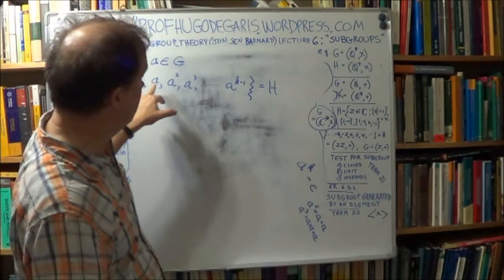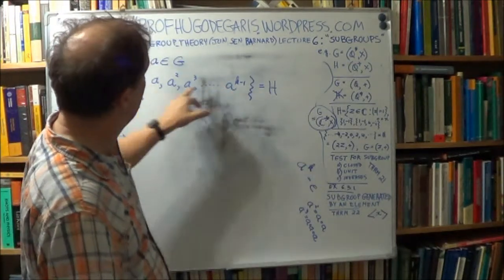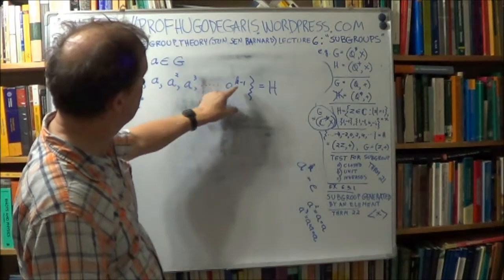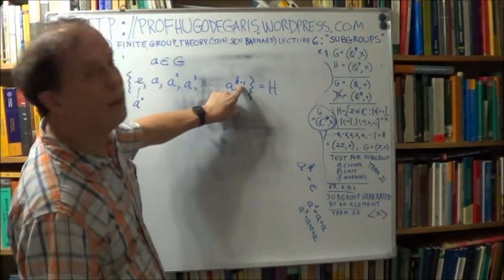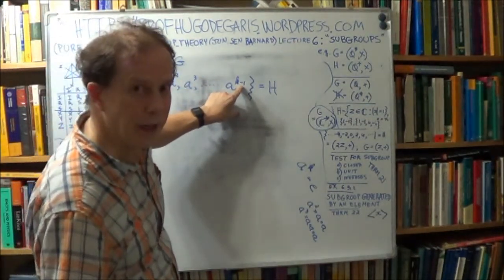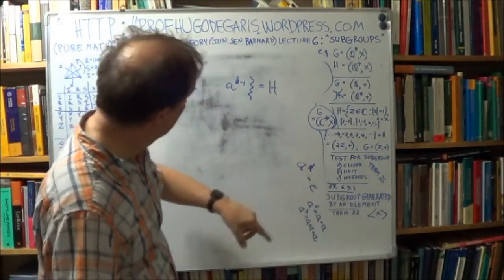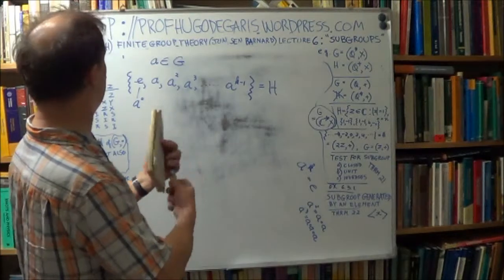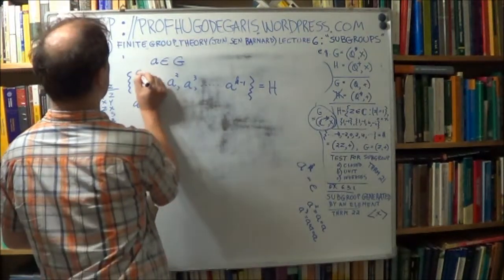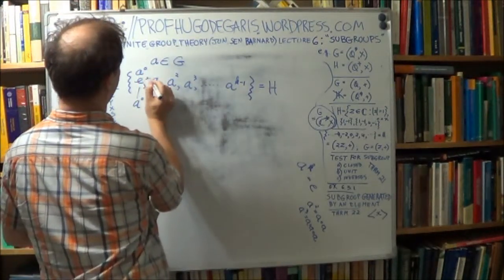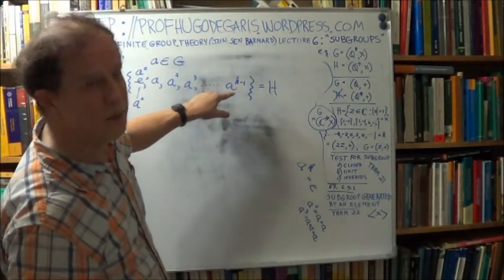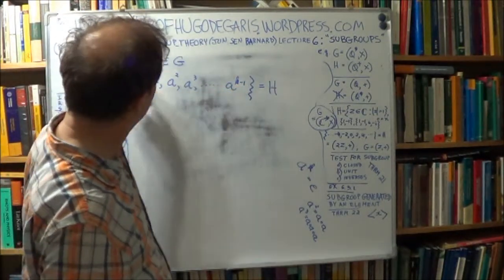Anyway, so you create this set here, and you take these powers up until 1 less than the order of the element, right? This, and so this here is a to the naught. Okay, so you'll have here k elements in your set.